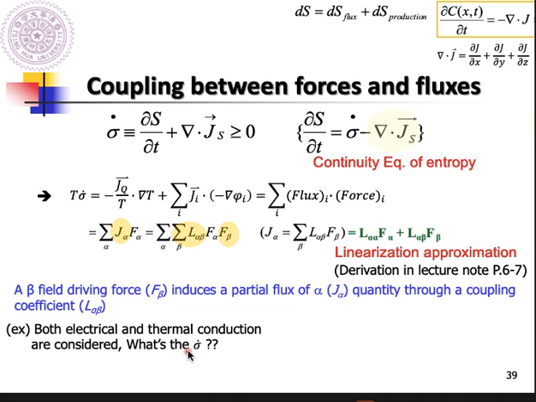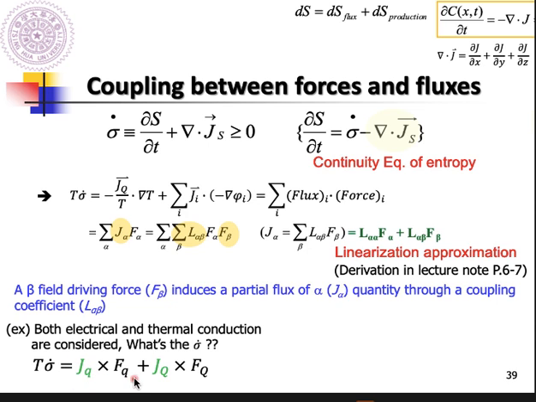Because we do have two driving forces applied in this system, T times the entropy production rate equals the summation of flux times driving force. So now we have two driving forces, times the corresponding flux. The small q represents the electrical current density, right?